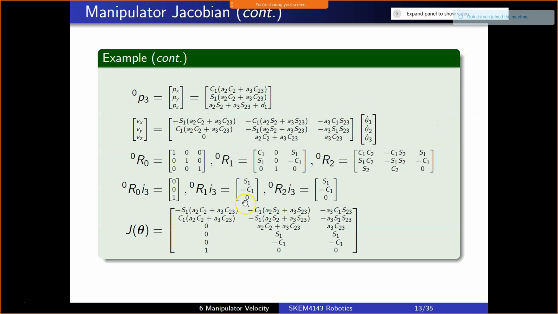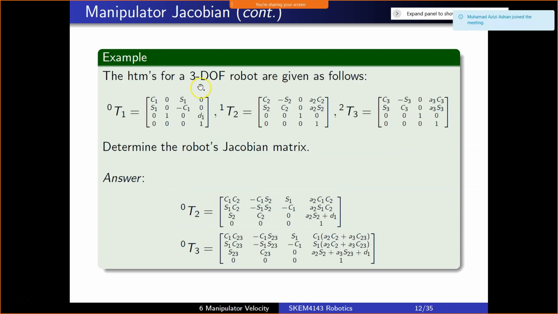And by now you should know how to derive this matrix. In order to derive the Jacobian matrix, you need R00, which is the 3 by 3 identity matrix, right? You need R10 up to Rn minus 1, 0. Okay, in this case, our n is 3, and you are given T10, T21, T32 in the question.